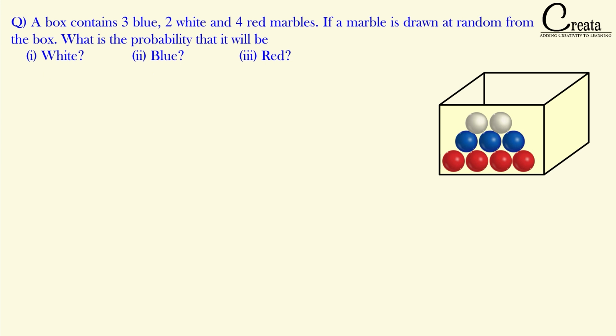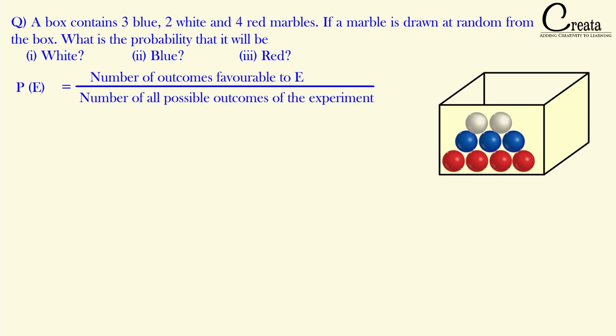So let's calculate the probability. This is the formula. Firstly, let's see what are the total number of possible outcomes that we can draw. Here the box is having 3 blue, 2 white and 4 red marbles. So if we take out a single marble, the total outcomes that are possible are, we can take out the first, second and third blue marbles, the first and second white marbles, and the first, second, third and fourth red marbles.